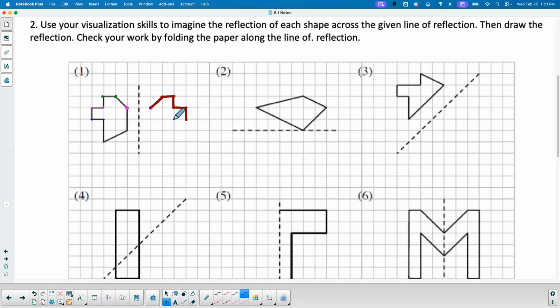In 1. Down 2. Right 1. And there we go, there's the image reflected. Now you reflect the other 5 images.